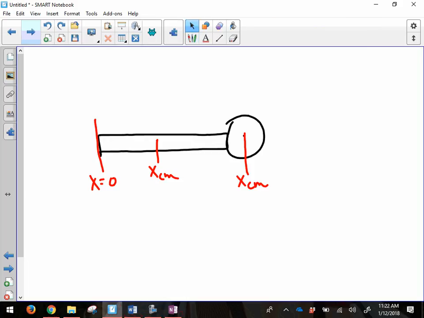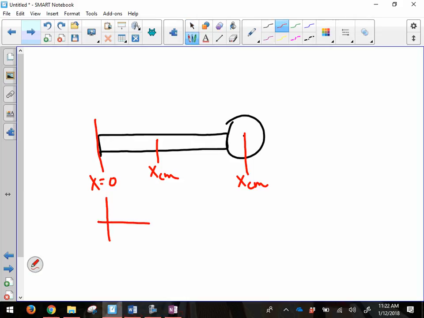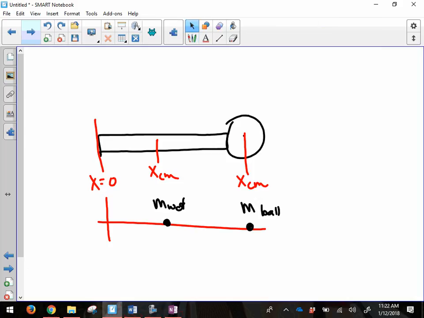If they're uniform, I can turn this into a problem where I have something right here that has the same mass as the rod and something right here that has the same mass as the ball. I can turn these two uniform objects into discrete objects and find the center of mass that way.